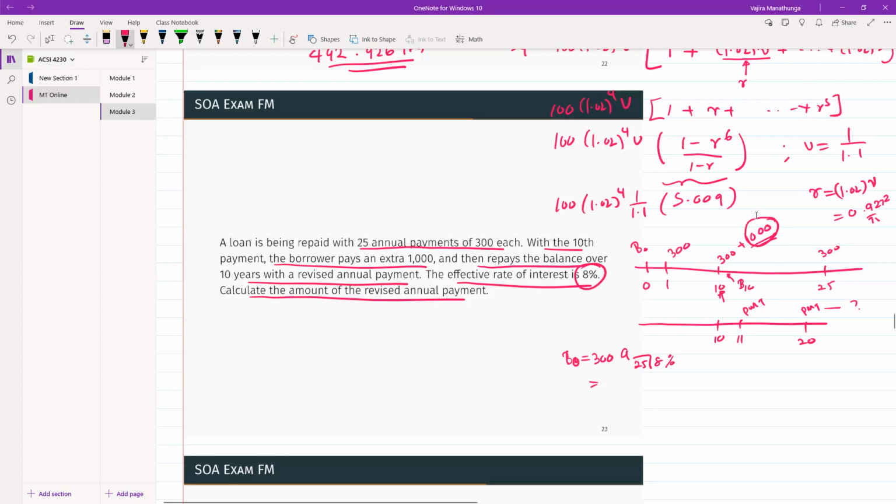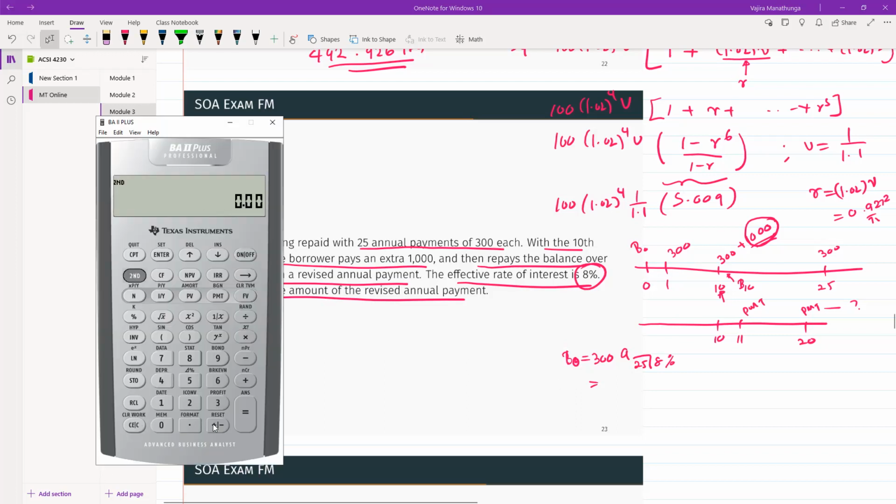So let's use our calculator and get the answer for that. So payments are 300. There are 25 payments. 0 for future value.